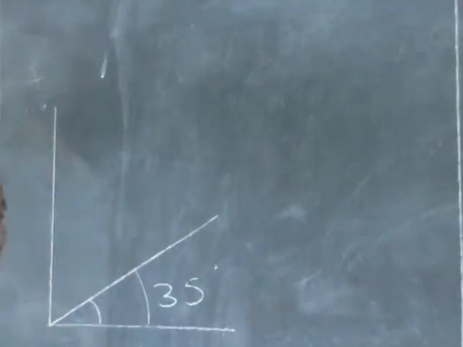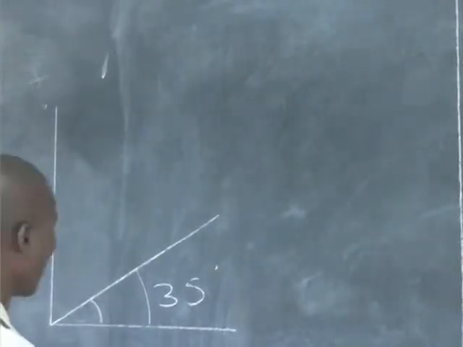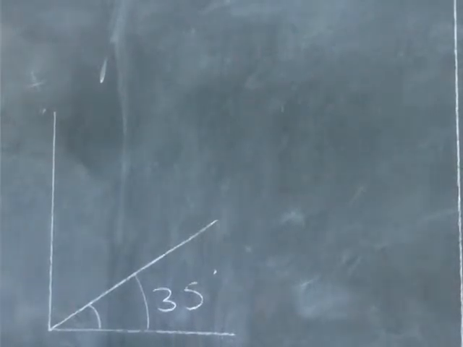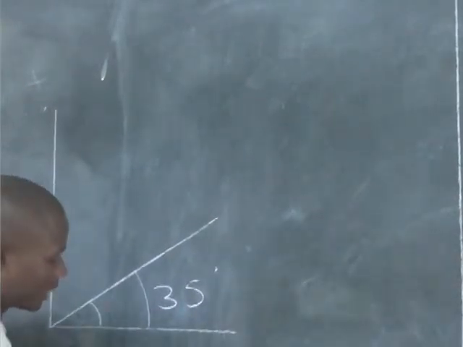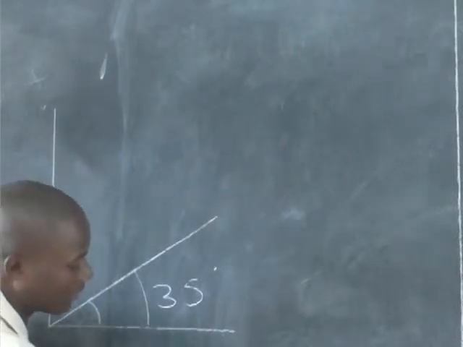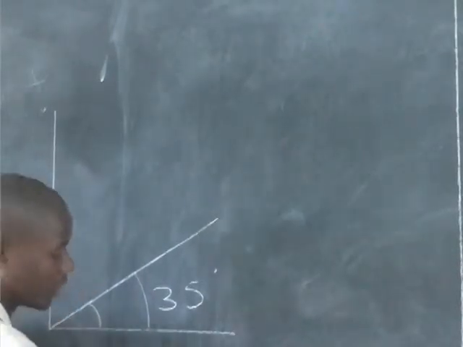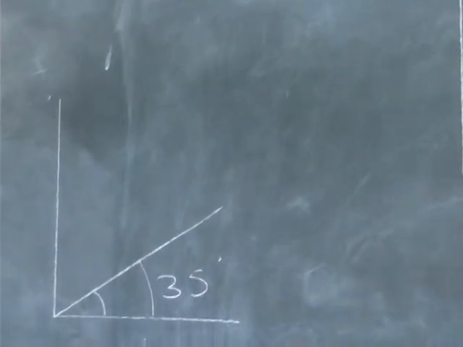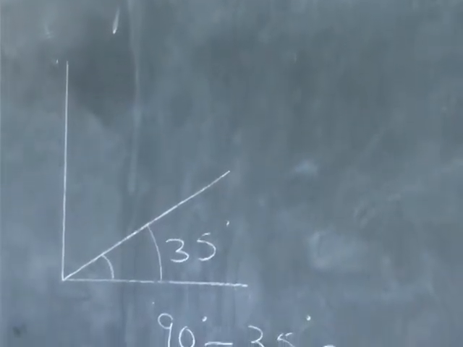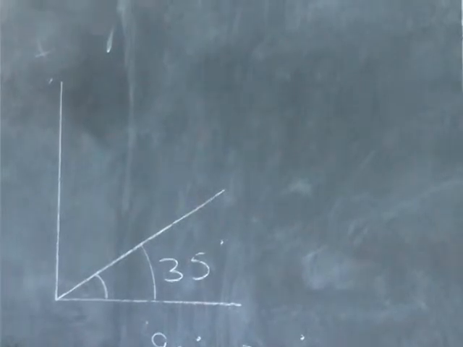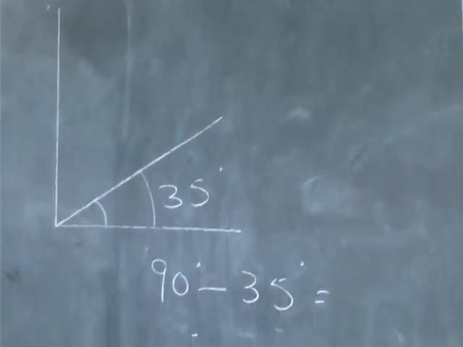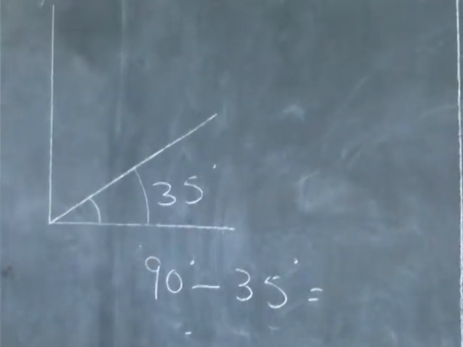Good. How do you do it? Very good. You say complements are angles that add up to 90 degrees. Therefore, you take 90 degrees minus 35 degrees. And what do you get? Very good.